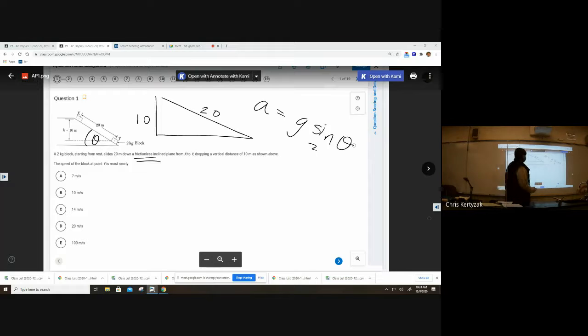Okay. Sorry about that. Somebody was wanting my attention. So g sine theta is the acceleration down a ramp in the x direction, right? It's the acceleration along that x-axis that we've created.